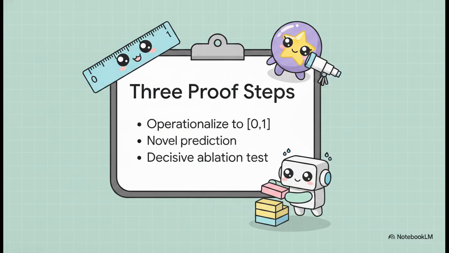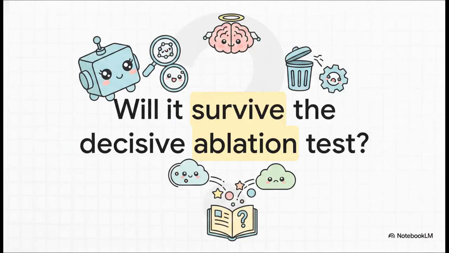Second, they have to derive a totally novel prediction that no generic competitor could possibly make. And third, they have to run a decisive ablation test, systematically removing variables to see if the whole thing just falls apart. And if it fails these steps, the authors state up front, it must be completely rejected. No excuses.